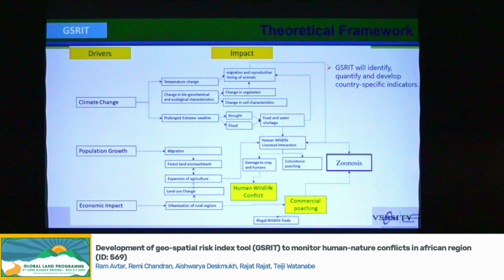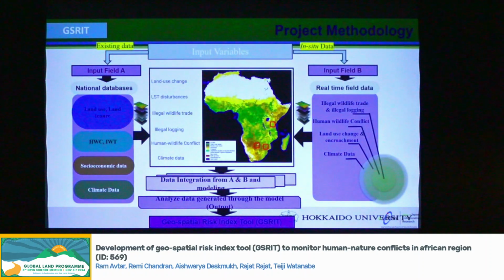And finally, we are integrating all those drivers in a GIS-based platform to develop this GSRIT tool. So this is the overall theoretical framework that we have been working on.